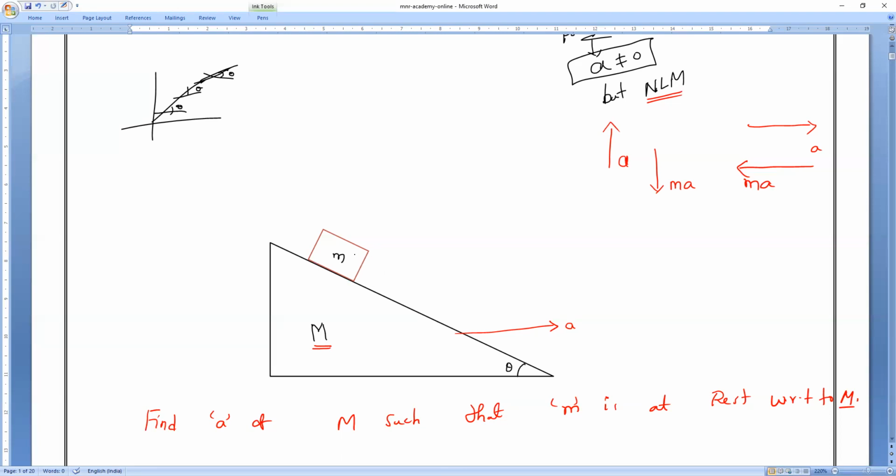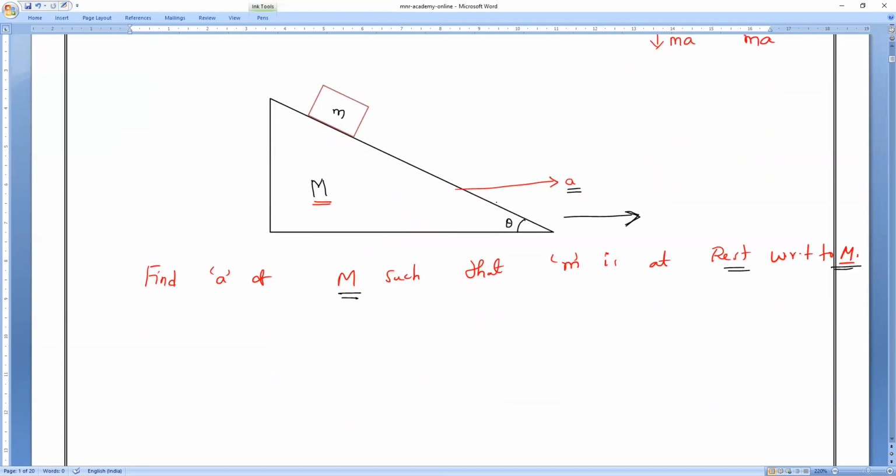Without disturbing the small m, we have to provide the acceleration a to the inclined surface so that it moves forward. So what is the acceleration of capital M such that small m is at rest with respect to capital M? Do you all understand the question? Everybody clear? Yes or no? Please respond.